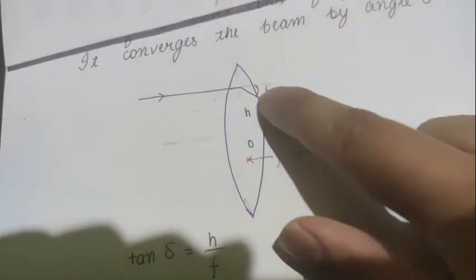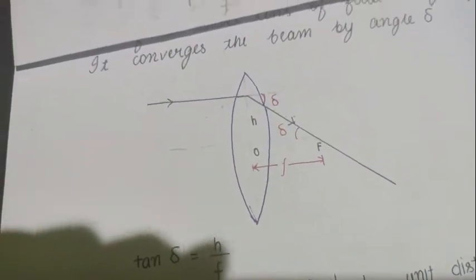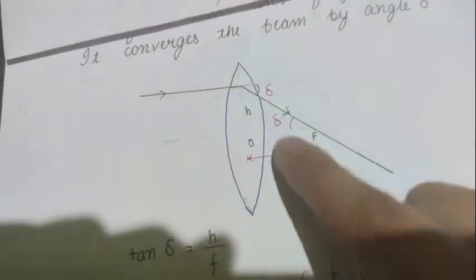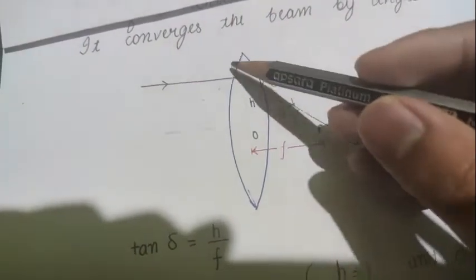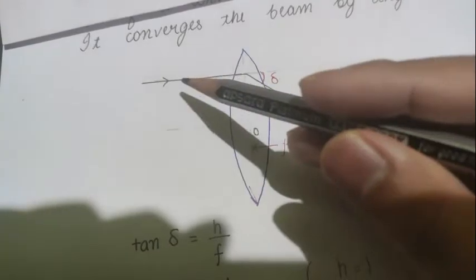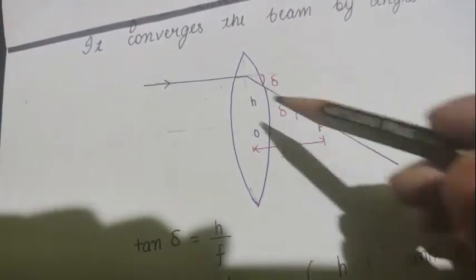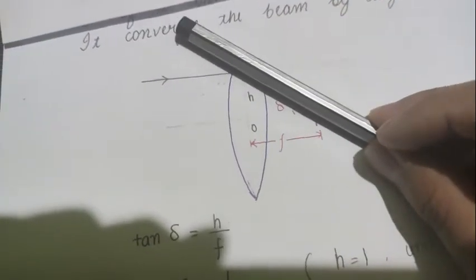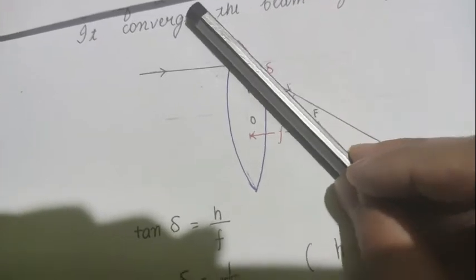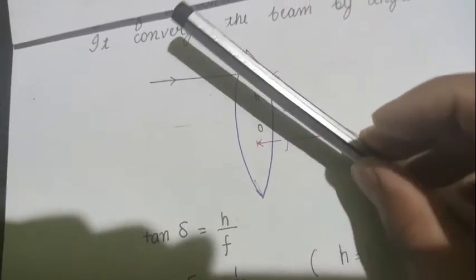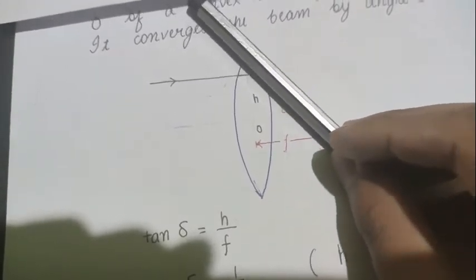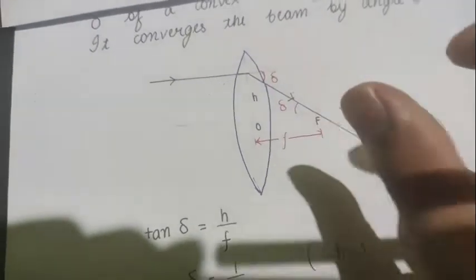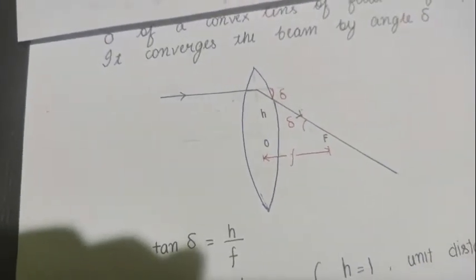So we will just take an example of the convergence. That means how much this lens can converge these rays. It can converge up till here, it can converge up till here, it can converge up till here. So how much it can converge, that measure is your power of lens.